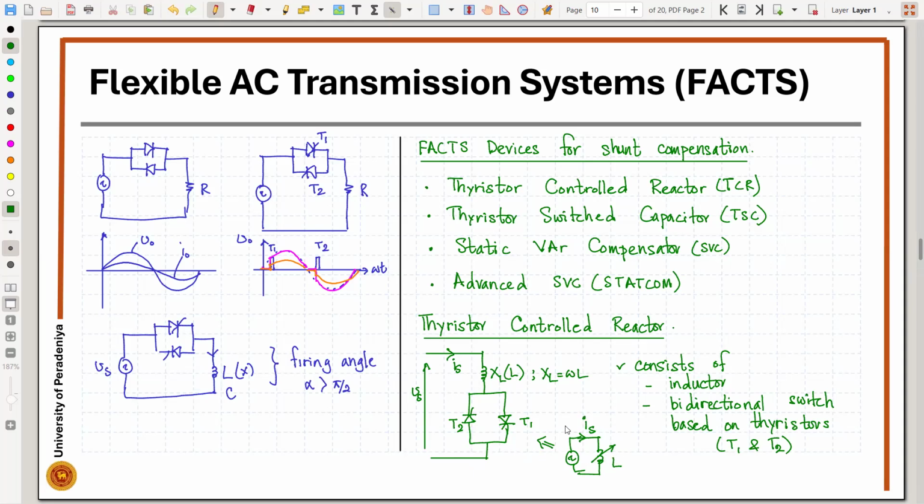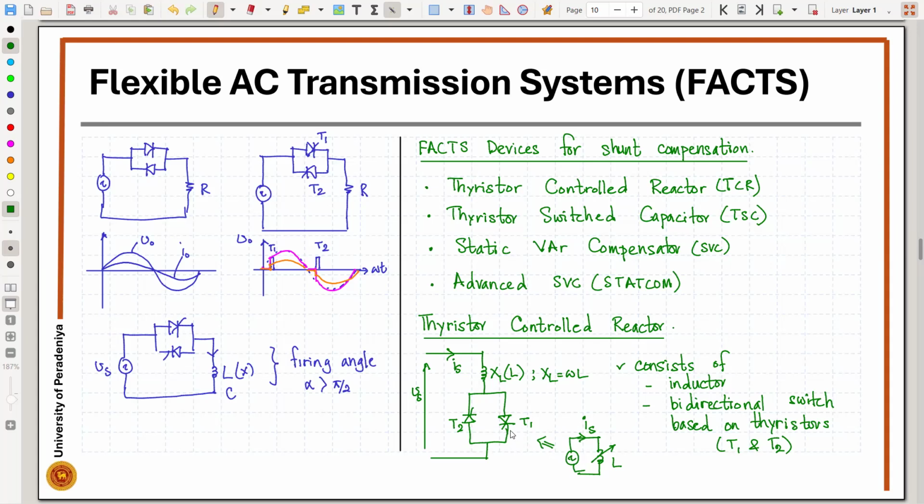So we are going to make this happen through this circuit. We are going to fire this thyristor at different firing angles. Once you change the firing angle, you are effectively changing the current flowing through the inductor. So thereby we are trying to mimic the effect of this one. Actually, it is not the same. There would be a difference, but that's what we are trying to achieve.